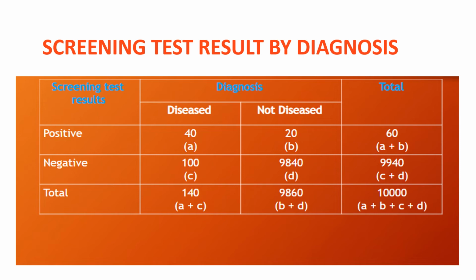Of the negatives, actually non-diseased are 9,840 and truly diseased yet tested negative in the screening test are 100.